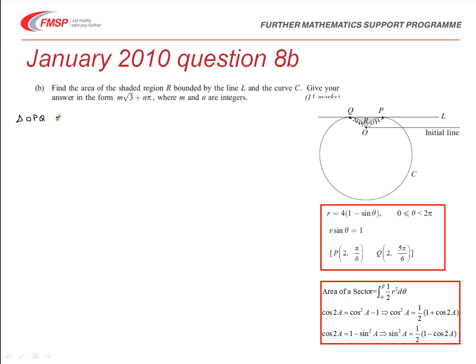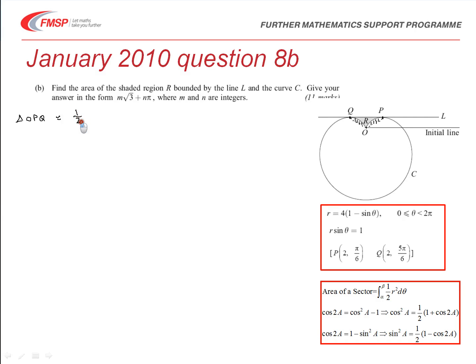Now we know that the area of a triangle is half the base times the height, or we can use the fact that it's going to be a half times 2 times 2 times the sine of the angle between OP and OQ. So we're using a half ab sine theta, finding the area of the triangle.